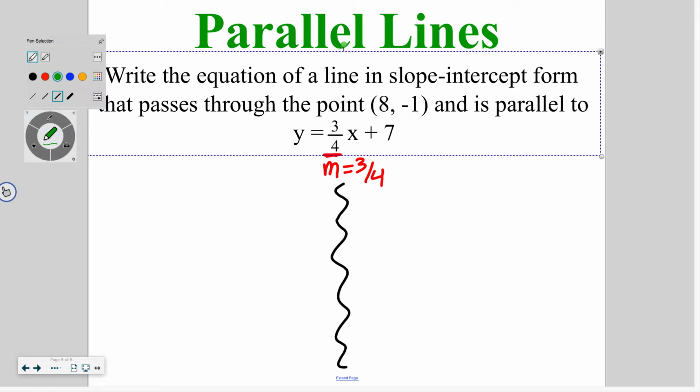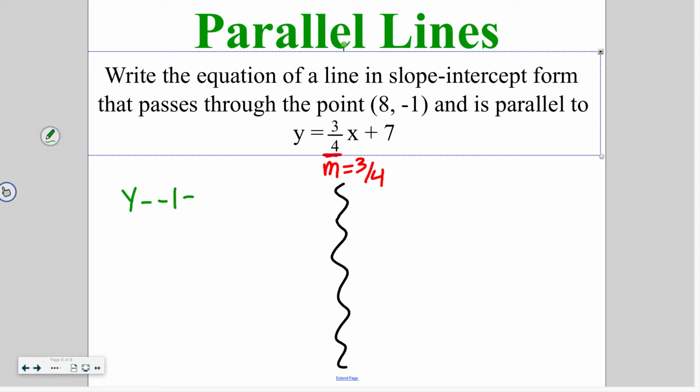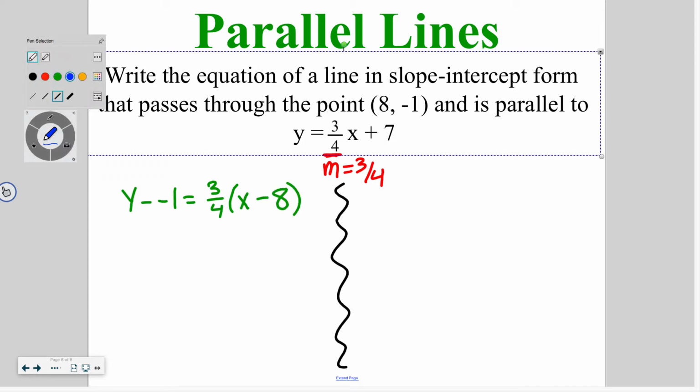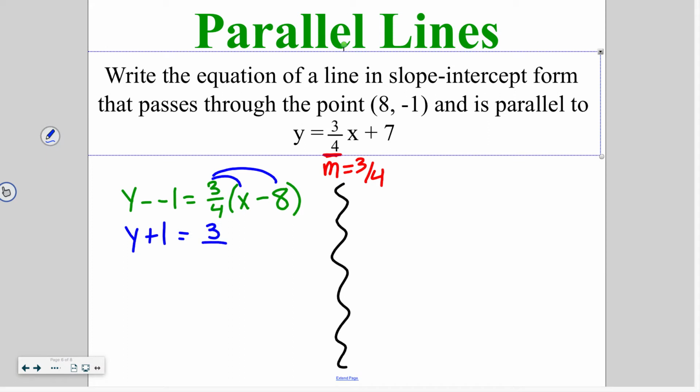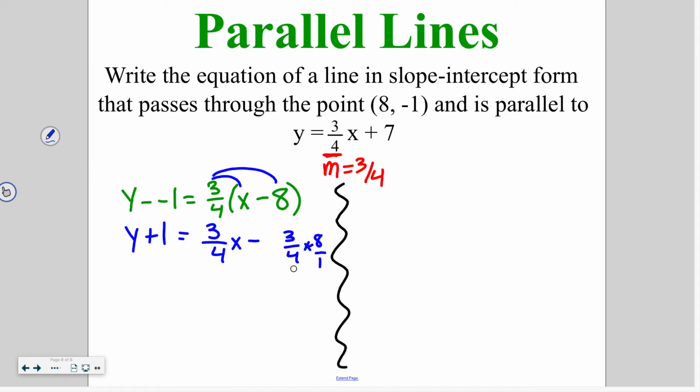If you're going to use the point-slope format, we've got y minus -1 is equal to slope of 3/4 times x minus 8. Going ahead and distributing, we're going to end up with y plus 1, since minus a negative turns into a positive, equals 3/4 x minus, and then we've got 3/4 times 8. 3 times 8 is 24. 4 times 1 is 4. 24 divided by 4 is going to give us an answer of 6.